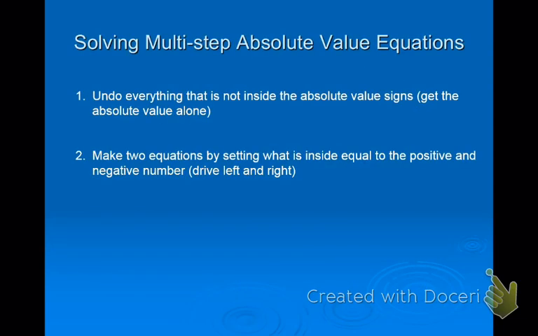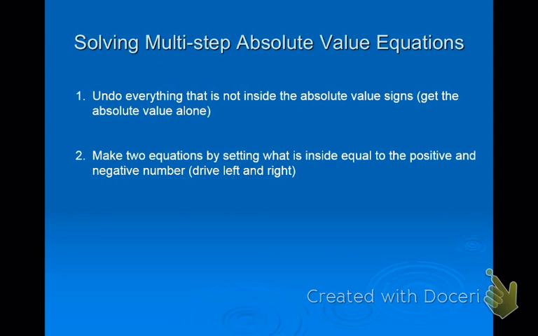Solving multi-step absolute value equations. Okay? And it's a lot like solving any other equation. I'm going to offer up a way to do this to keep it making sense until you get really comfortable solving these. The deal is we've got to undo everything that's not inside the absolute value bars.